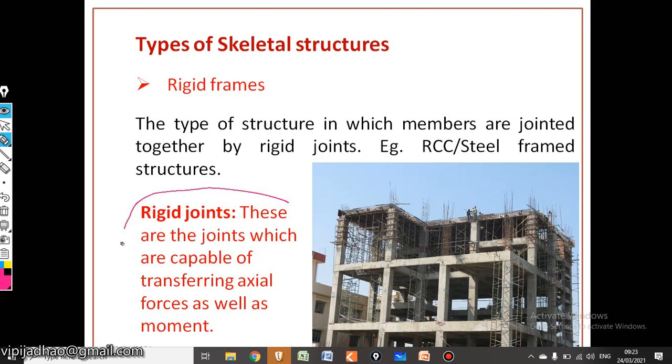These are joints which are capable of transferring axial forces as well as moments. In rigid frames, the members are connected together by rigid joints. You can check here, this beam is one member and some columns are there. These members are connected with each other with rigid joints.